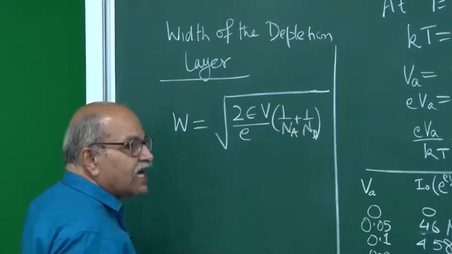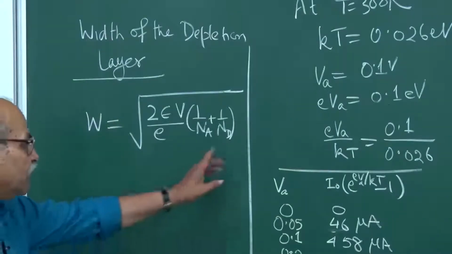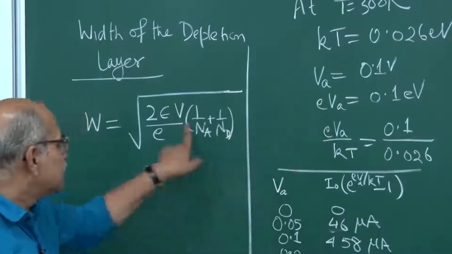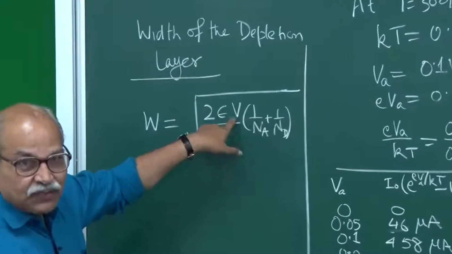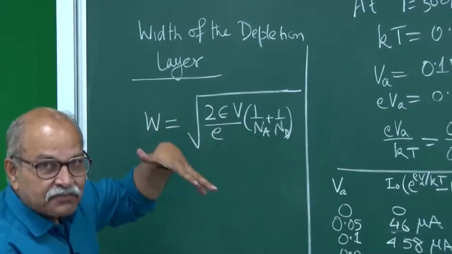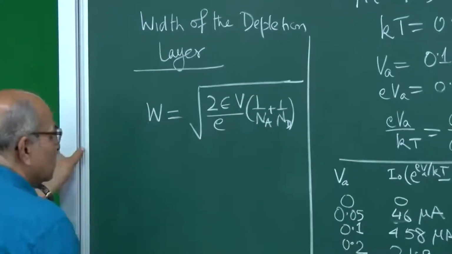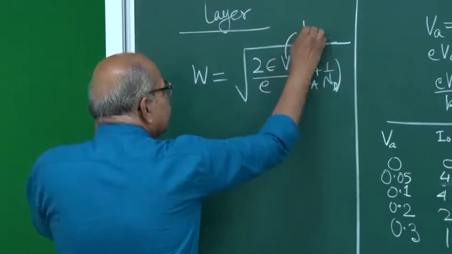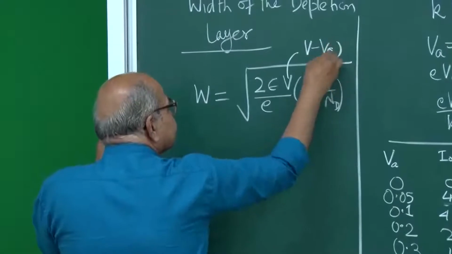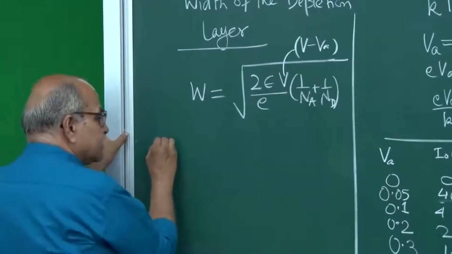We had derived that. So, when you apply this forward bias, this V decreases. Remember what is this V? This was that potential barrier. So now this V becomes V minus VA. The barrier height is decreased.